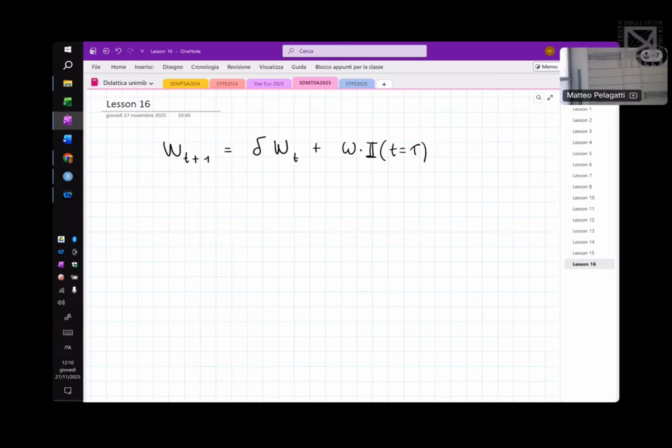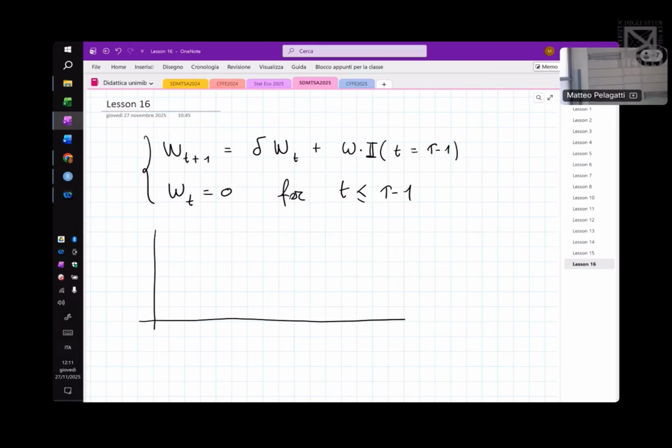Let's suppose, first, that we assume W_t is 0 for t less than, actually we should write t equal tau minus 1, because it's having effect on the next period. Let me try to show you how this thing works.